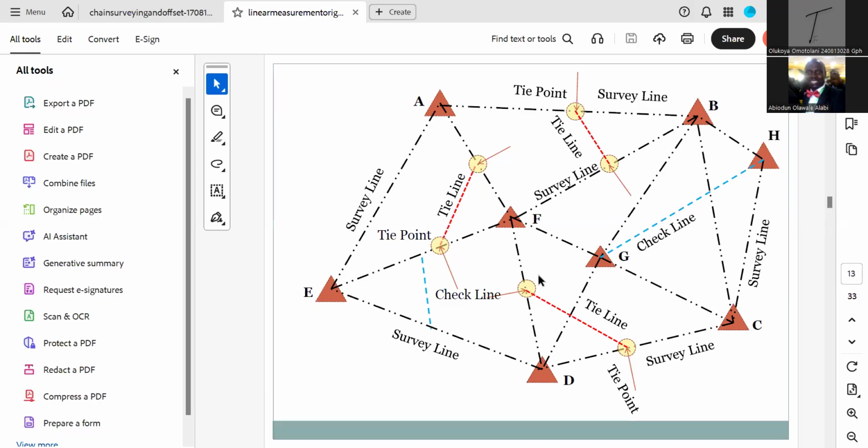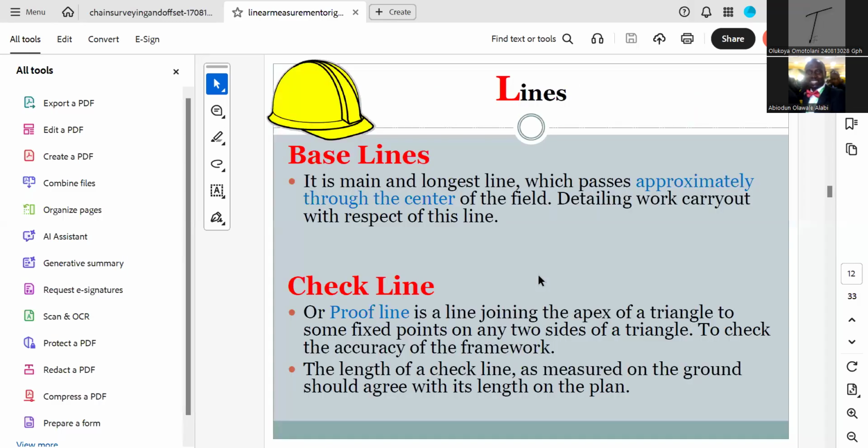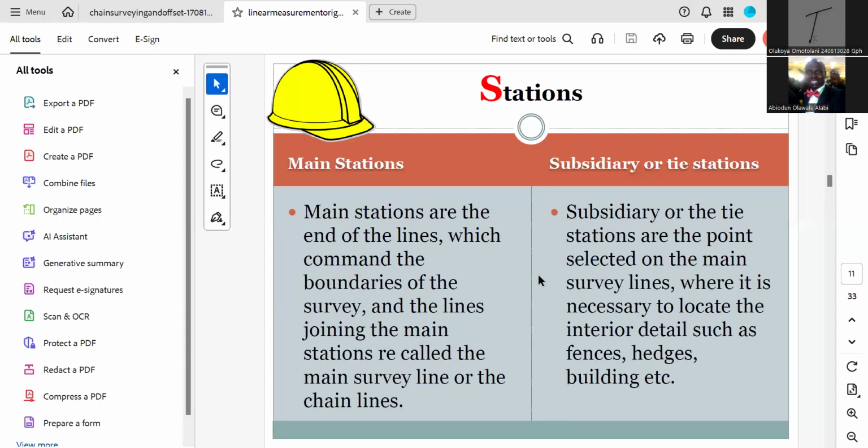Now, I think we have defined a tie line, and all of these lines are derived from their stations or points. When we are talking about tie lines, you should know that a tie line is from what?